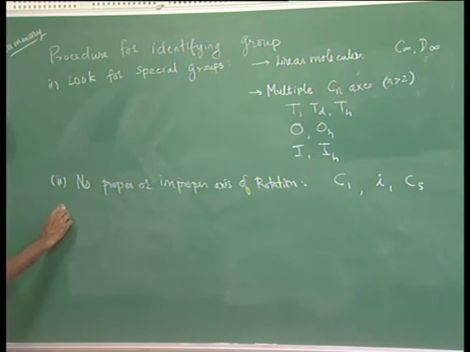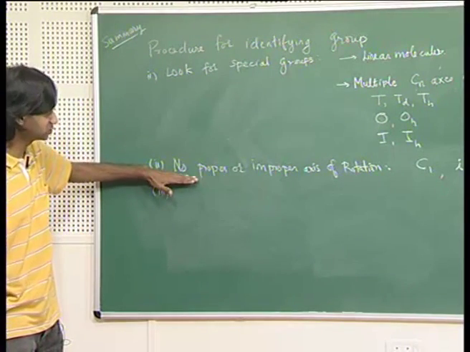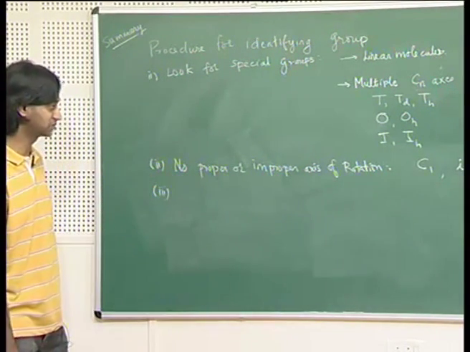So first you look for special groups, that is linear molecules or molecules with multiple Cn axes. Then you look for molecules that do not have any proper or improper axis of rotation.